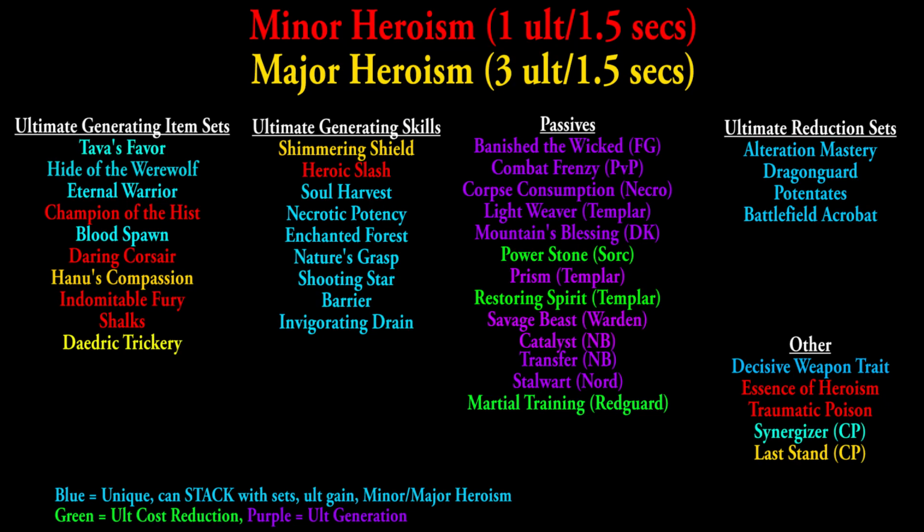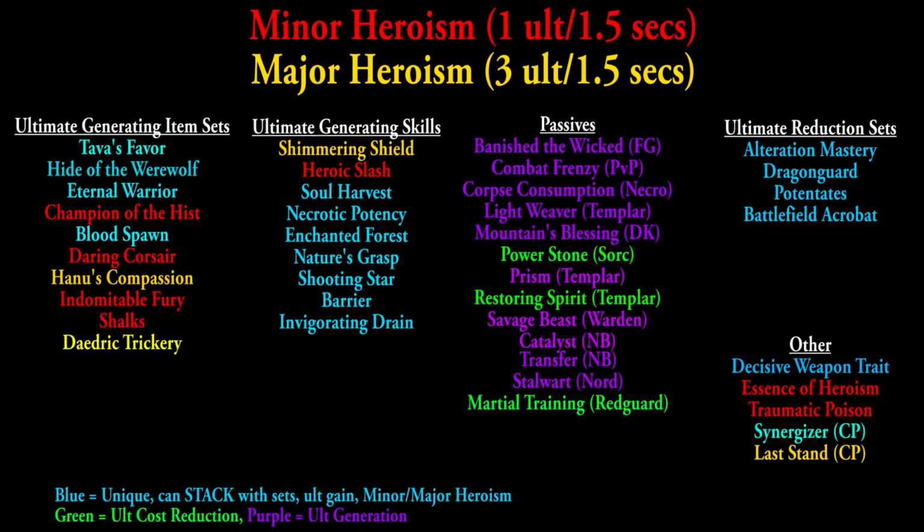We've got Tava's Favor, Hide of the Werewolf, Eternal Warrior, Bloodspawn, we have Shocks, and some of these item sets do overlap with some common ultimate generation buffs like Minor Heroism or Major Heroism. So for example, Heroic Slash Shock grants you Minor Heroism, 1 ultimate every 1.5 seconds.